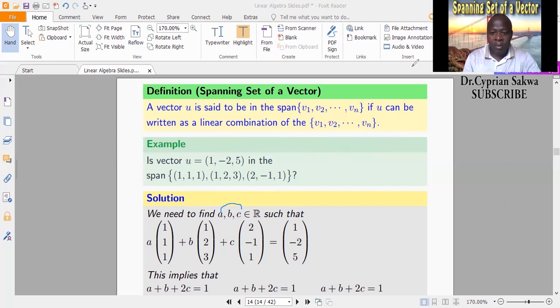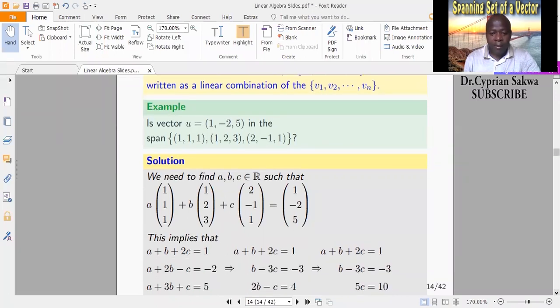So let's just see what I did to solve this. What I did is just what I've already explained: we look for these scalars if they exist.